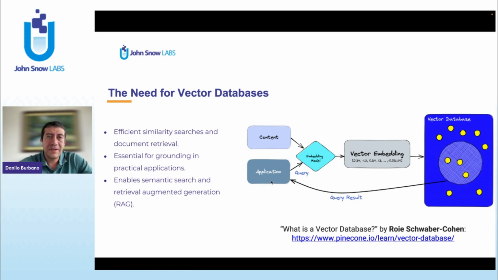So, for example, in another instance, a user in an application sends a query. This query is processed by the vector database, which returns the most relevant results based on similarity searches. This process ensures that applications can perform accurate and meaningful searches, enhancing the ability to provide relevant information and responses. This technology is crucial for enabling advanced capabilities in natural language processing, recommendation systems, and various other fields where understanding the meaning and context of data is essential.